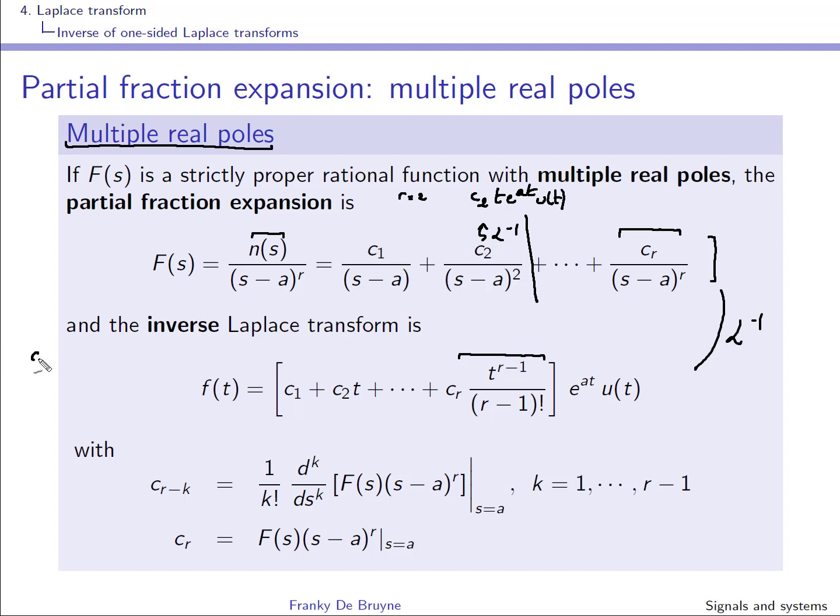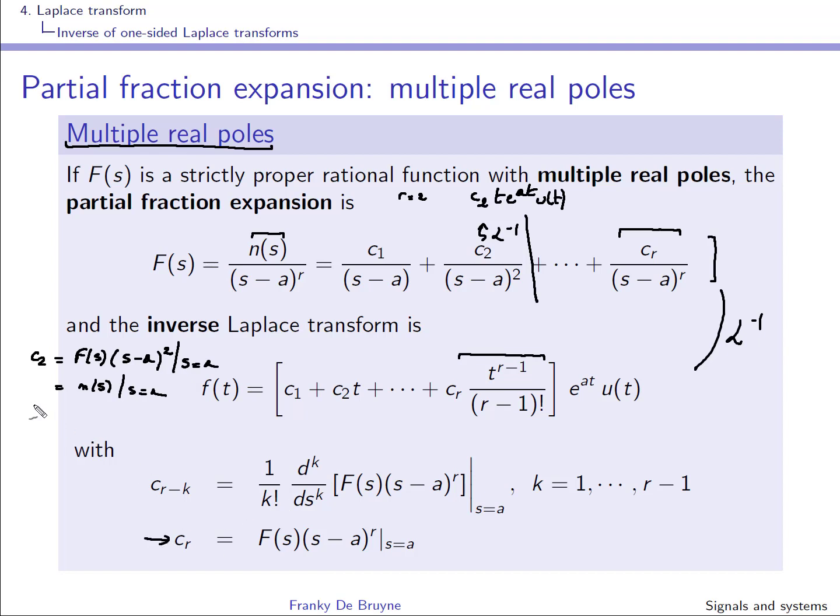C2 is easy. You take F(s), multiply it by (s minus a) squared, and evaluate it at s equal to a, at the root. This is what is indicated here.